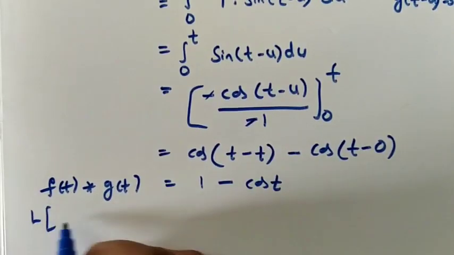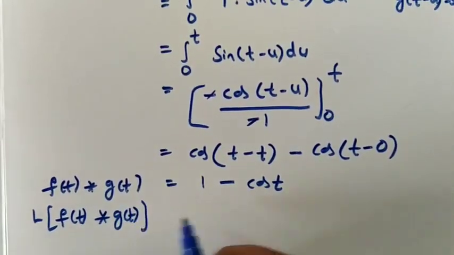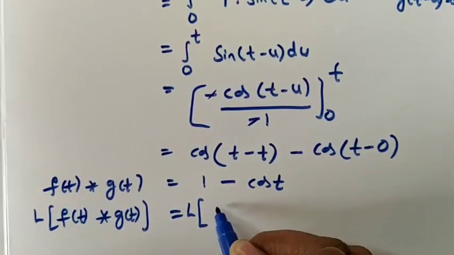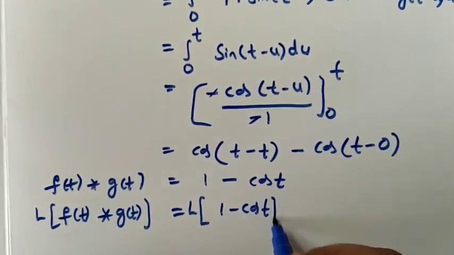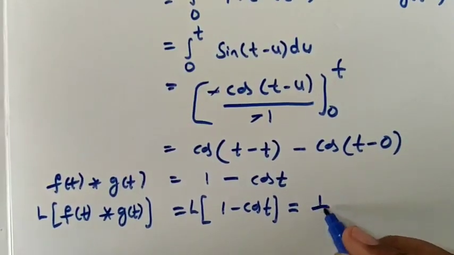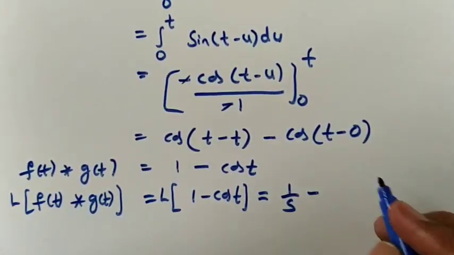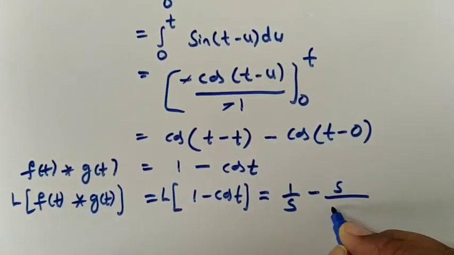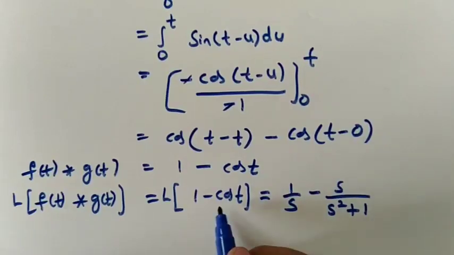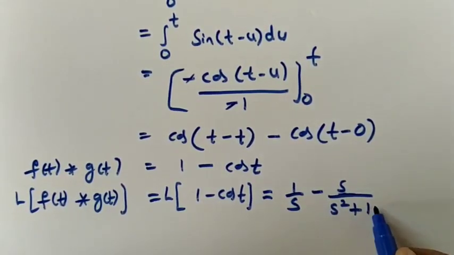Now we will find out Laplace transform of f(t) star g(t). That means Laplace transform of 1 minus cos t. That equals Laplace transform of 1 is 1 by s, minus Laplace transform of cos t is s by s square plus 1. Laplace transform of cos kt is s by s square plus k square.